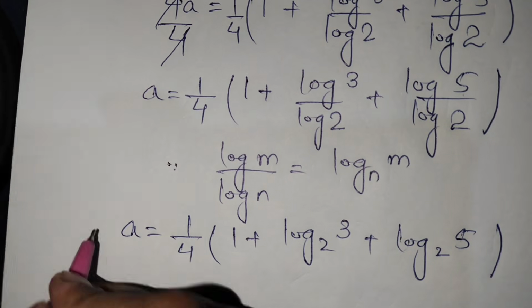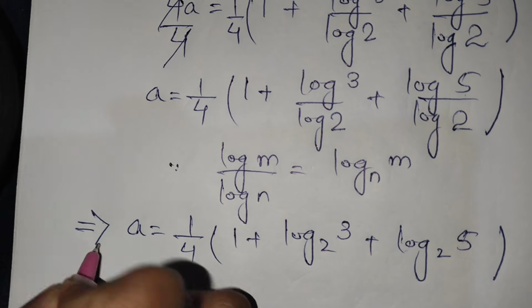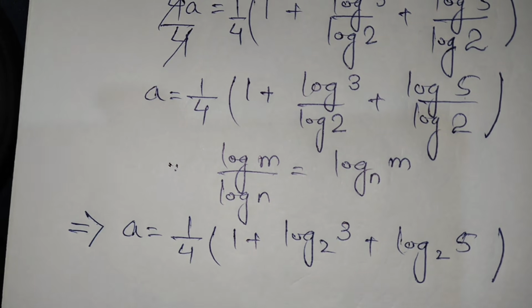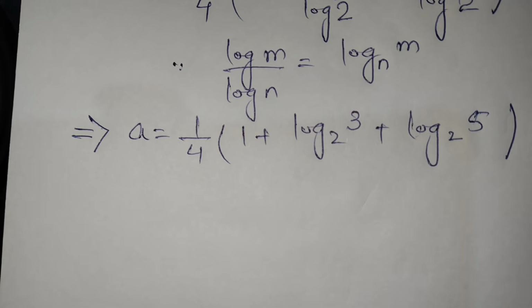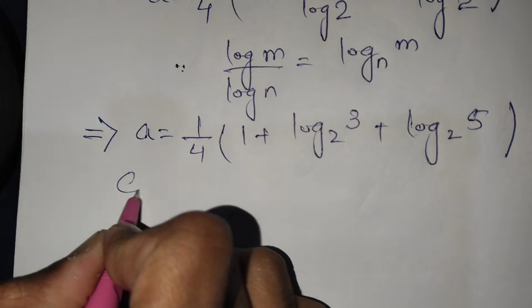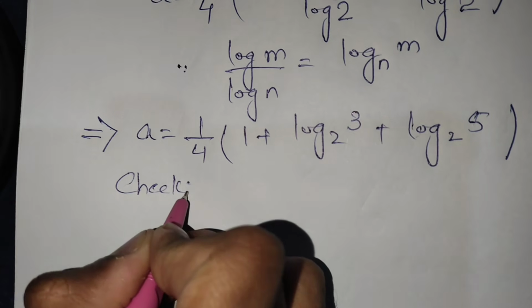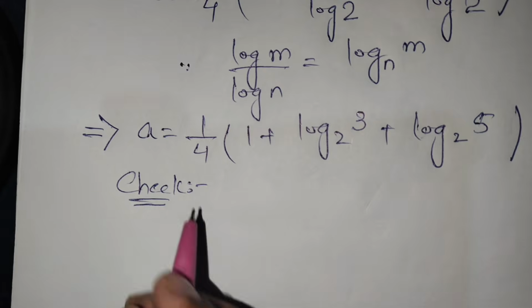This is the final value of a, which we have calculated using a number of formulas, the power rule and quotient rule of logarithm. Now we will check this value of a, whether it is correct or not.